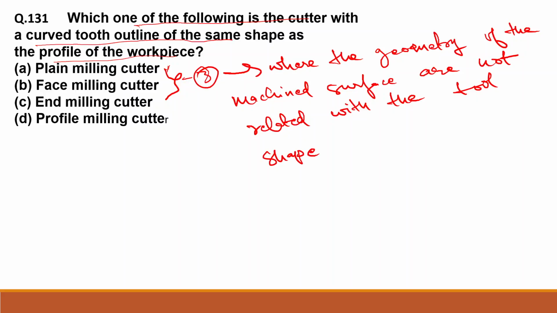Okay guys, these three points are used where the geometry of the machined surface is not related with the tool shape. Okay guys, the last one, profile milling cutter, will be our right answer, and I will explain here.